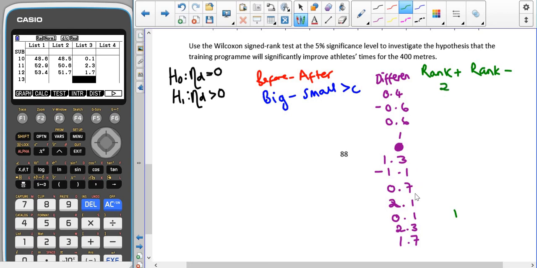My next biggest value is 0.6, and I have 2 of those, so they're going to be getting the rank of 3 and 4, split between the 2 of them, which means that they both get the rank of 3.5. So the 3.5 for minus 0.6 is going to go in the minus column.